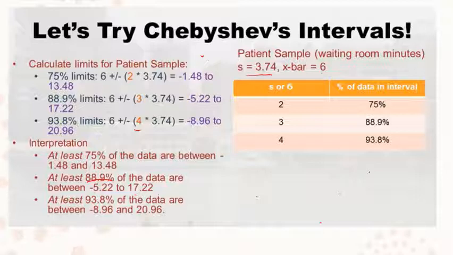This is our standard deviation, this is our mean. To start this problem, we find our upper and lower limits, so it's going to be 4 times 3.74. Let's see what that equals.